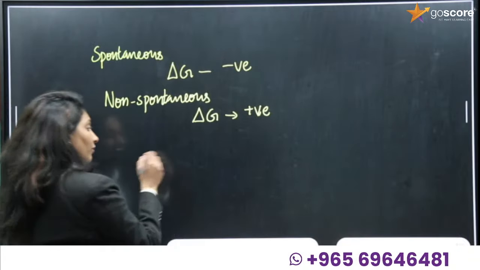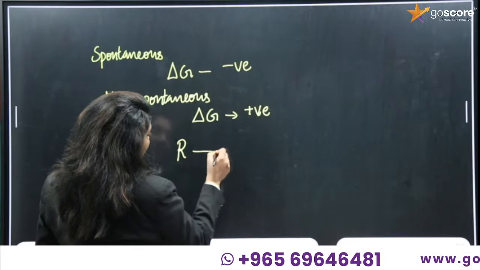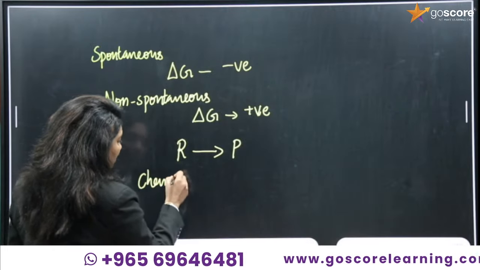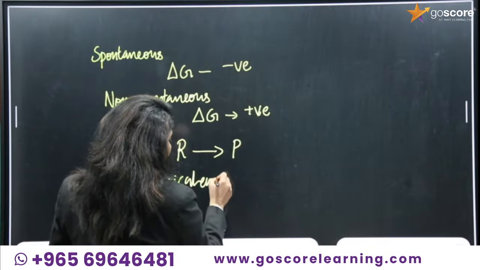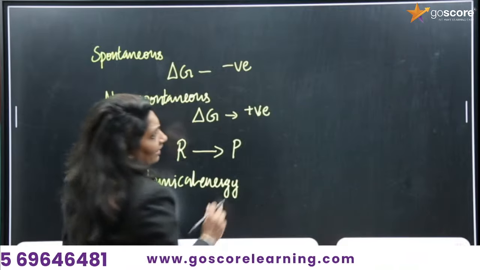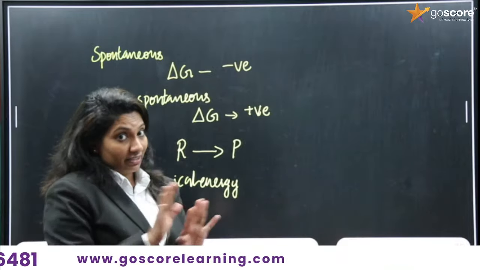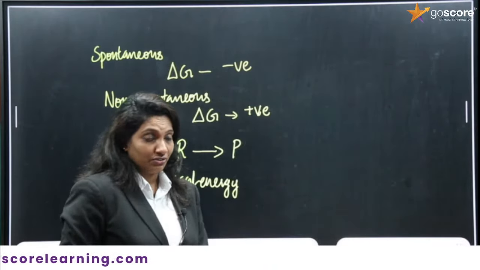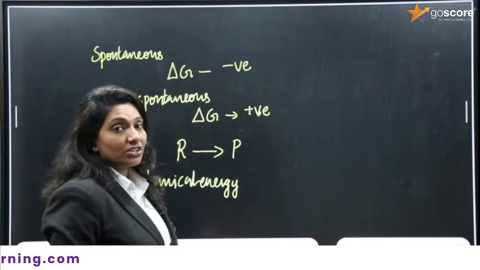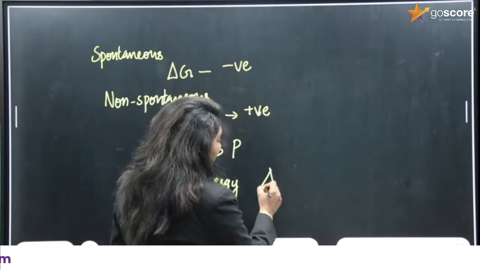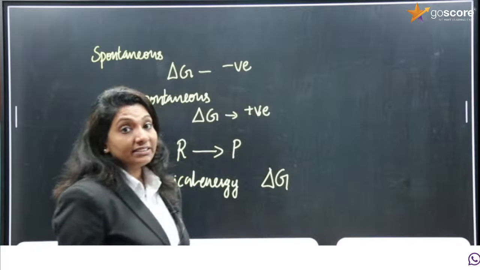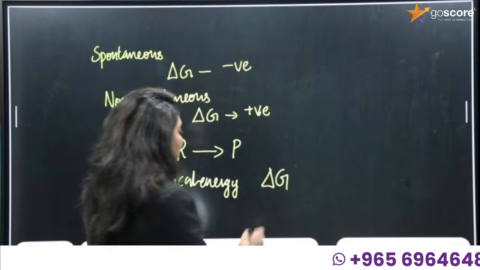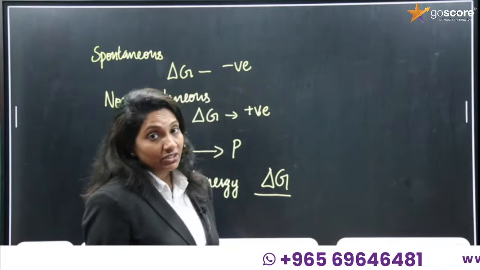And whenever a reactant is changing into product, what is the chemical energy associated with this reaction? Is it delta H? No. Delta H is enthalpy. It is not the chemical energy, it is the enthalpy change associated with the reaction. So what will be the chemical energy? This chemical energy is given by the delta G. For a chemical reaction, the chemical energy is given by the delta G value.